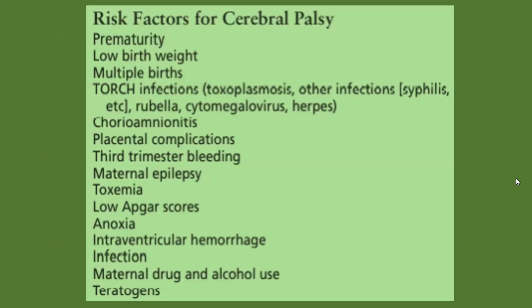What are the risk factors for CP? Prematurity, as we just mentioned. When they're premature, they are of low birth weight. These are predisposed. In women who have multiple births, the child in the last delivery is at risk for cerebral palsy.